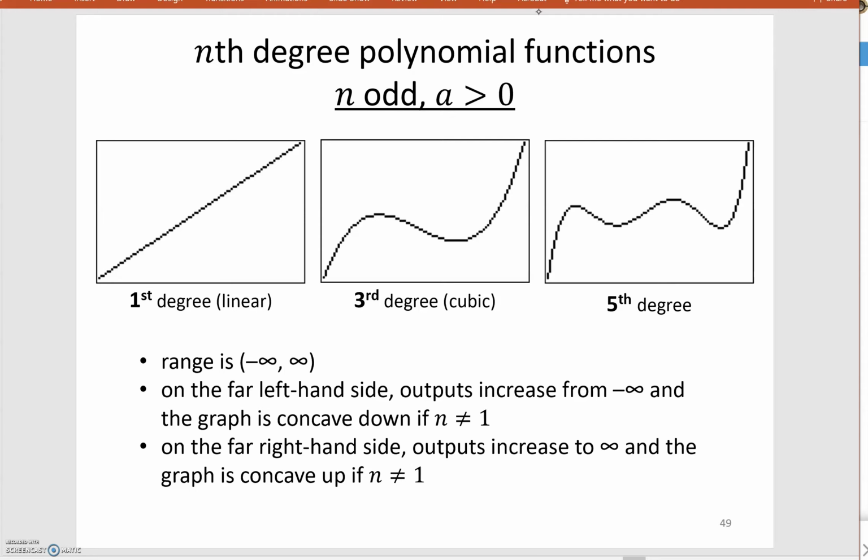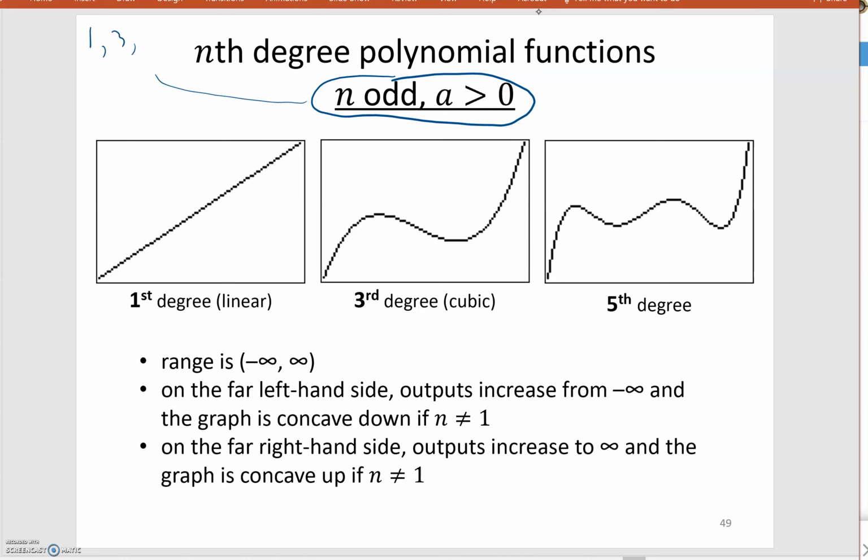All right, so continuing our classification, we're now going to look at things in terms of evenness and oddness, as well as the sign of the leading coefficient. So we'll begin by looking at odd polynomials whose leading coefficient is positive. When I say odd, I mean the degree of the polynomial is odd.